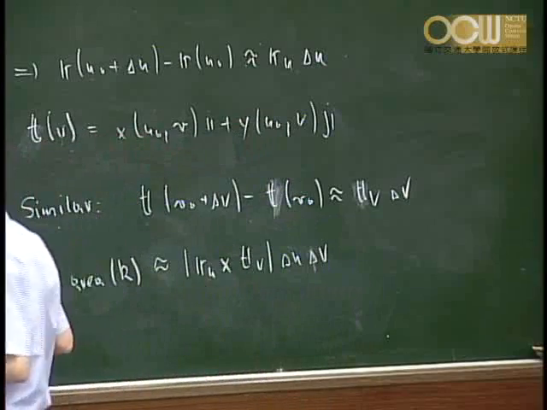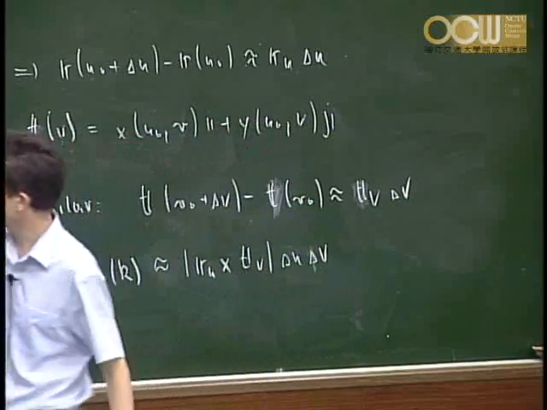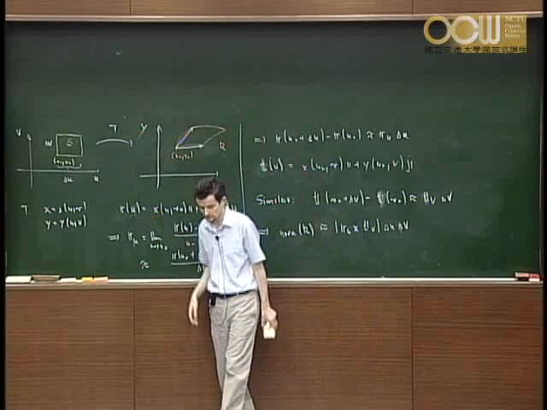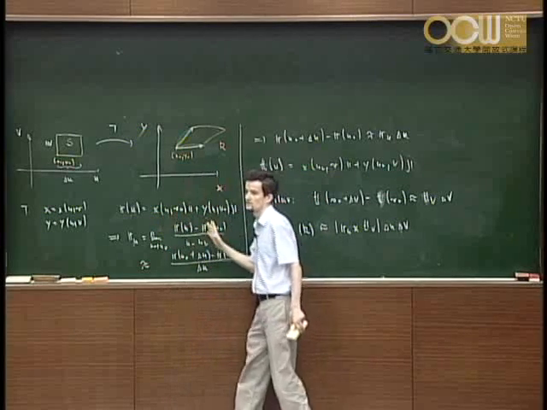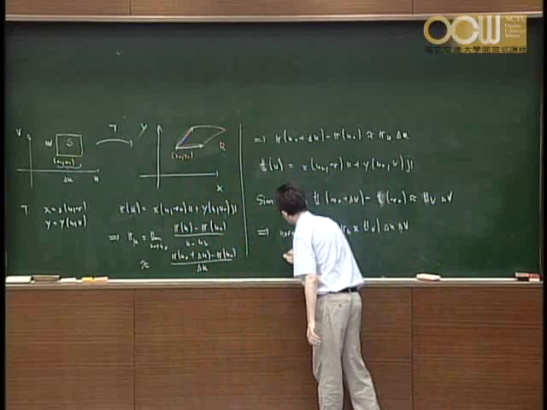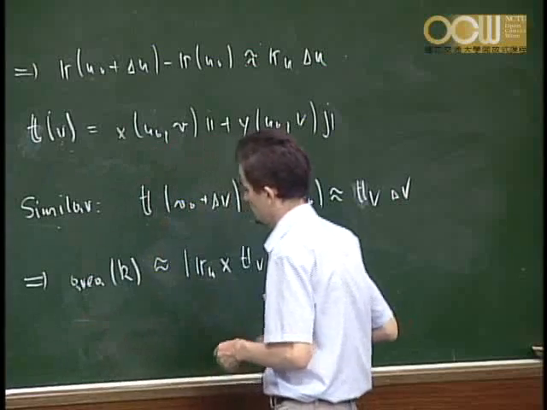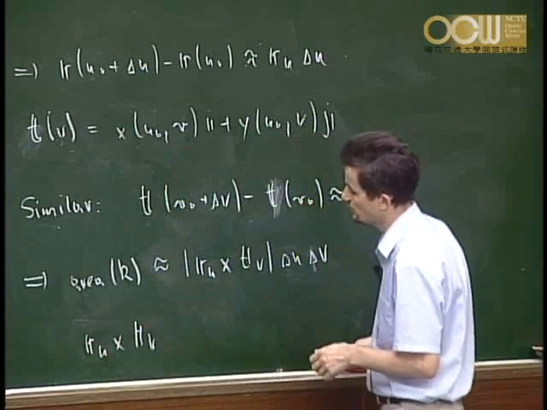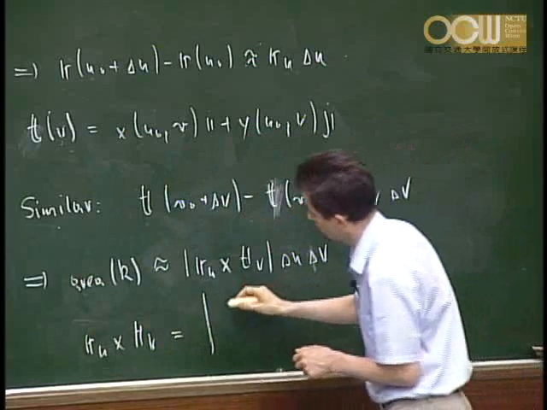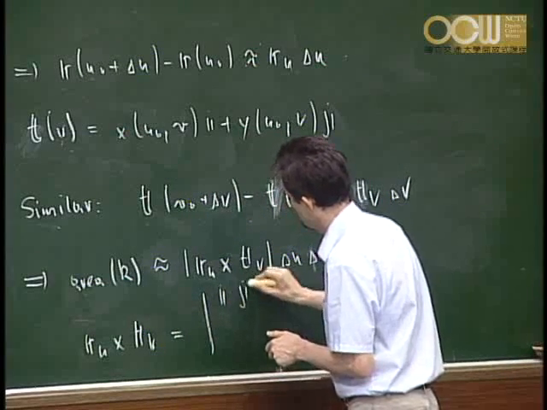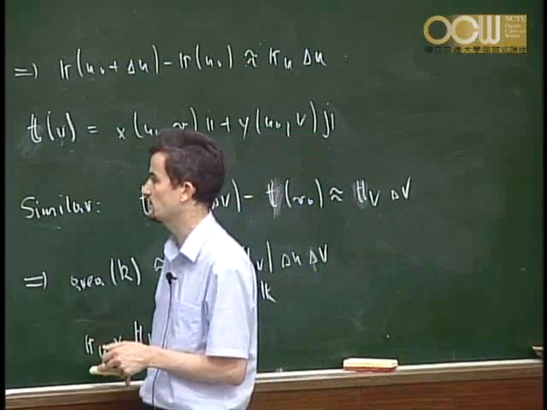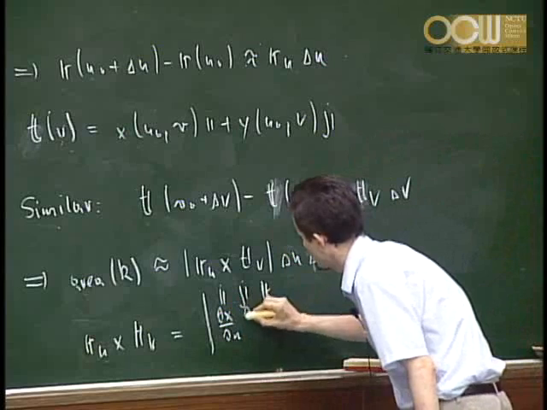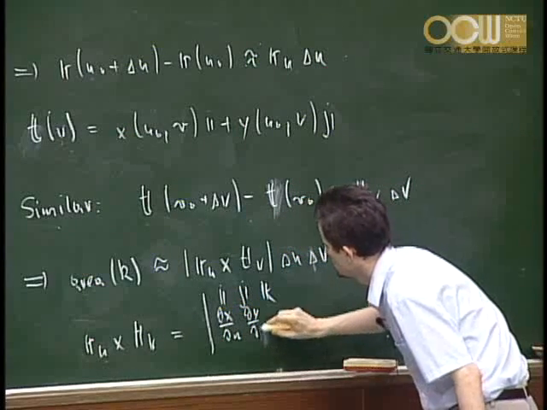Okay, so I need this length here. If you differentiate this vector with respect to U and then plug in U equal to U0, in terms of X and Y you just get the partial derivatives with respect to U. So if I look at the vector product, we know by general rule that we can compute this as the determinant of the matrix with I, J, K, then the partial derivative of X with respect to U, partial derivative of Y with respect to U, and 0.